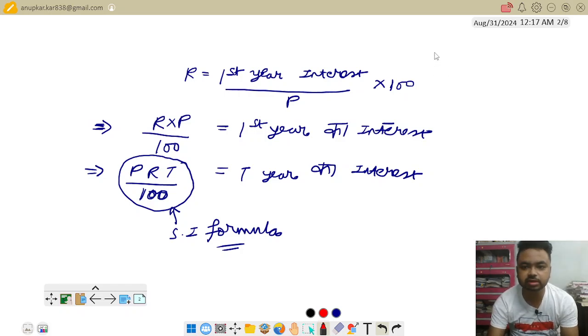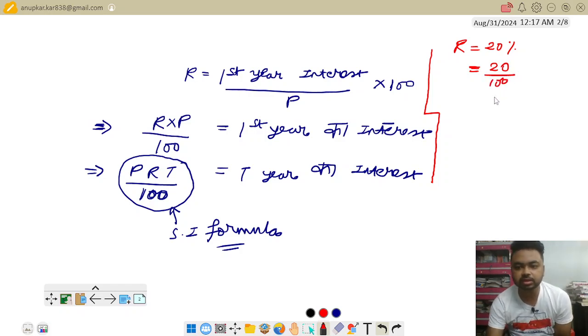Again, we can understand it this way. Suppose the rate is given as 20%, so 20% means what? 20 upon 100. So this is my principal and this is my 1 year interest.